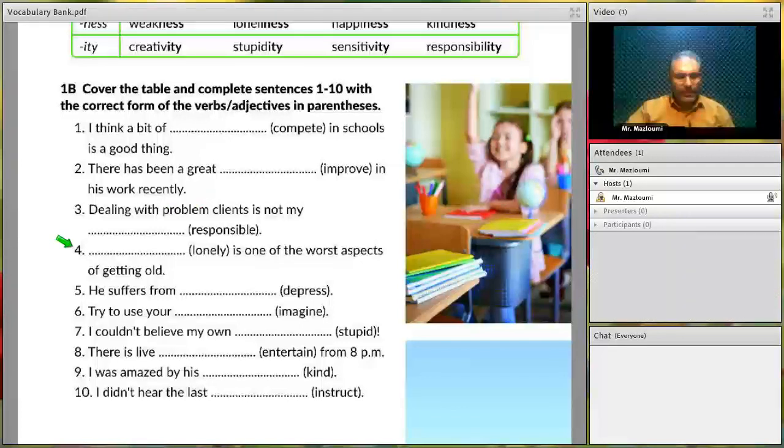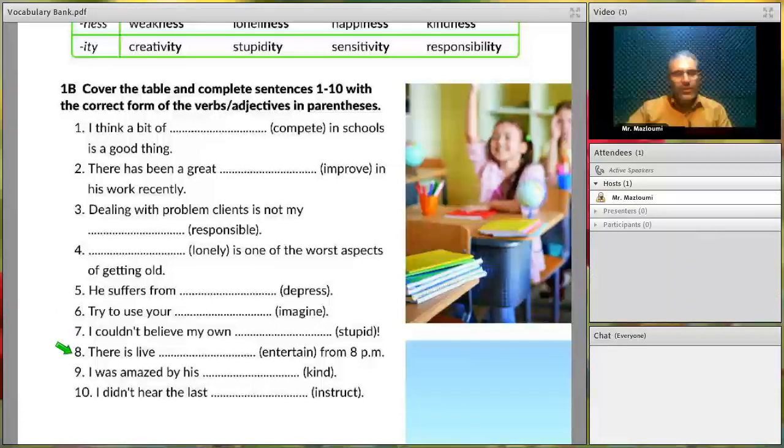Number 4, loneliness is one of the worst aspects of getting old, aging. Yeah, it sure is. 5, he suffers from depression. You know, we suffer from an illness. 6, try to use your imagination. Imagine, imagination. 7, I couldn't believe my own stupidity.